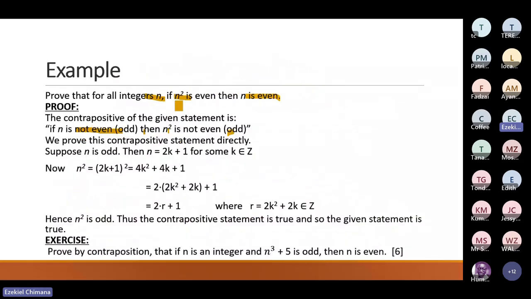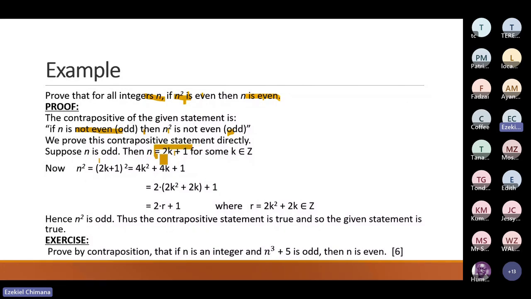You are just saying if n is odd, it implies that n squared is odd. So you are negating this even and negating this even. So what you are going to get here is that we prove this contrapositive statement directly. Suppose n is odd.